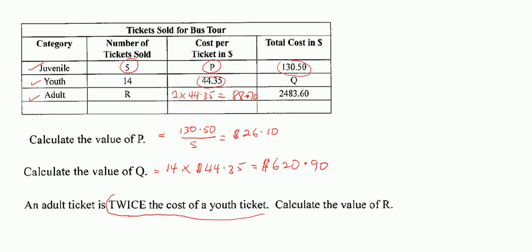So you need to work out the cost per ticket for an adult first, using this information. It's twice the cost of a youth ticket, and you want to get the value of R. R is the number of tickets sold.